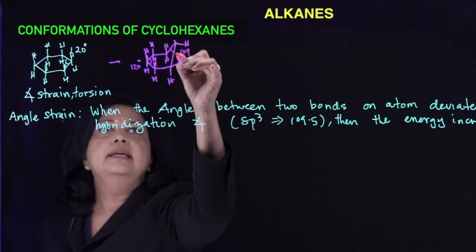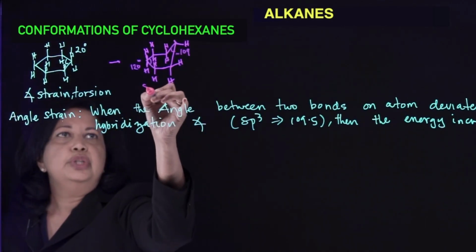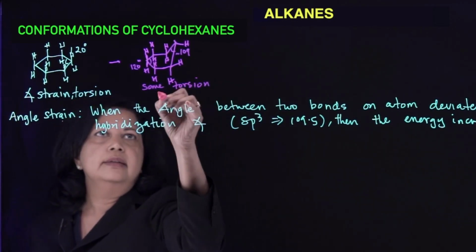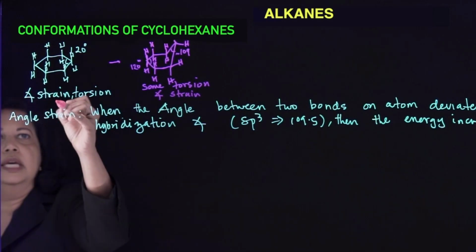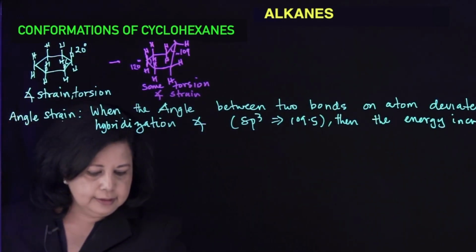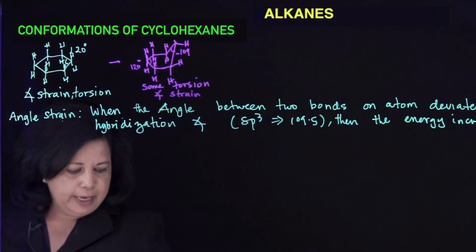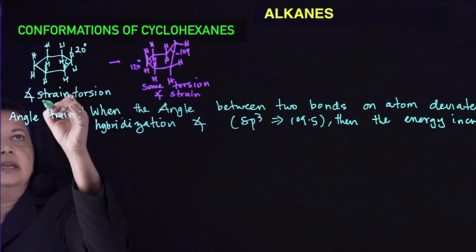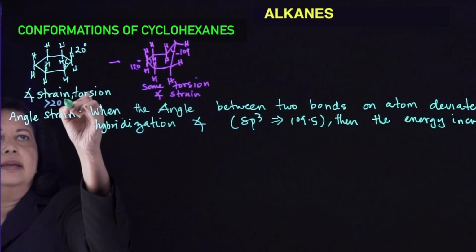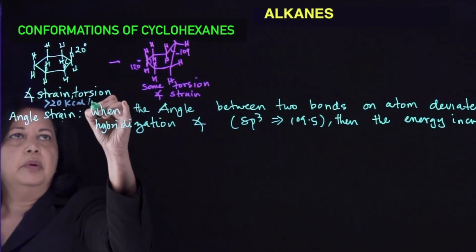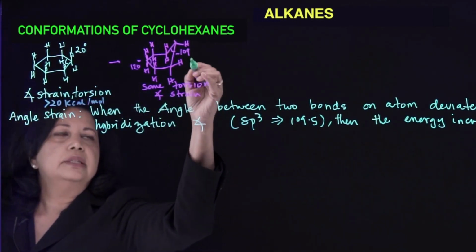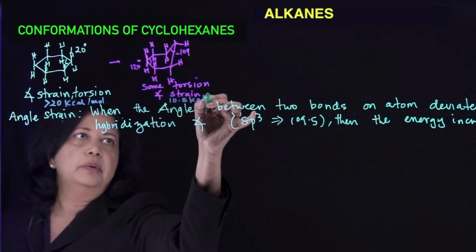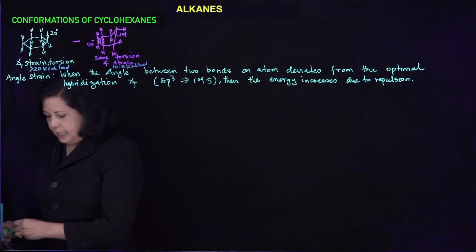Okay, so therefore some torsion and angle strain. The flat one is more than 20 kcals per mole. This one is about 10.8 kcals per mole. All right, let's keep going.